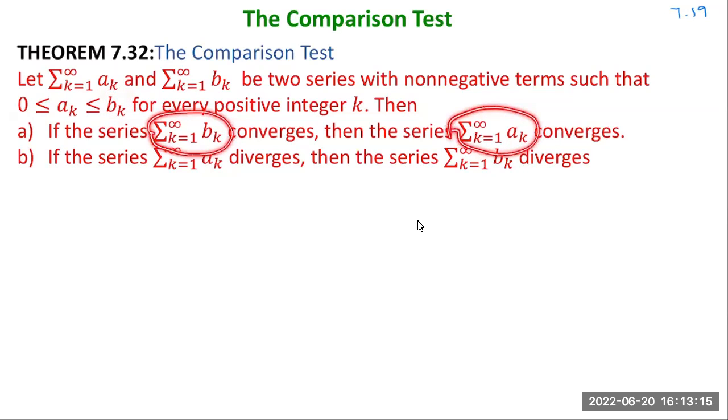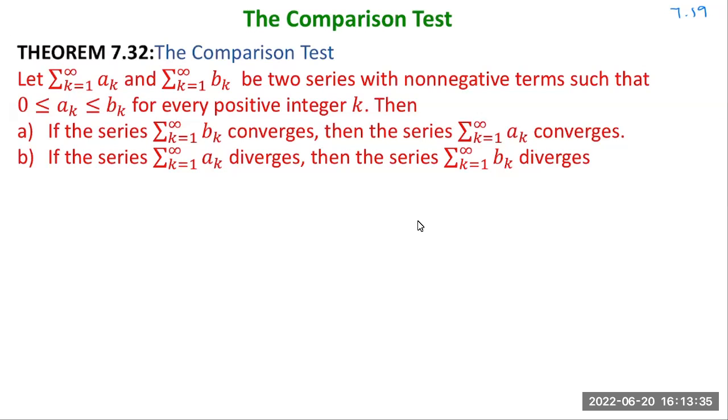If this bigger summation converges, then the smaller summation should converge. That's the idea. Notice that all the terms of these series are non-negative. That's why you can say that; otherwise, you cannot make a statement like this. That's the intuitive idea of the first part.